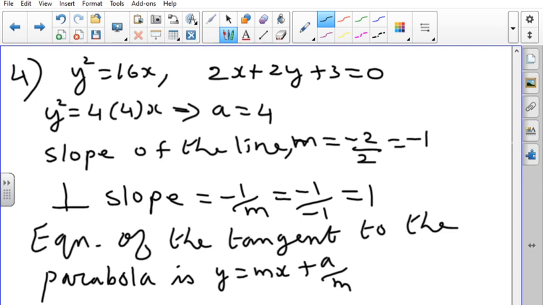Substituting the values here, we get y is equal to, m is a perpendicular slope, so it is m1, 1 into x, so x plus a is 4, so 4 by m, which gives us x minus y plus 4 is equal to 0 is the required tangent.